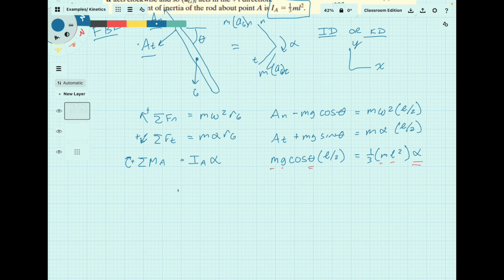And the form that can be used here is going to be omega times d omega is equal to alpha times d theta. This is very similar to your v dv is equal to a ds type of equation in the linear sense.